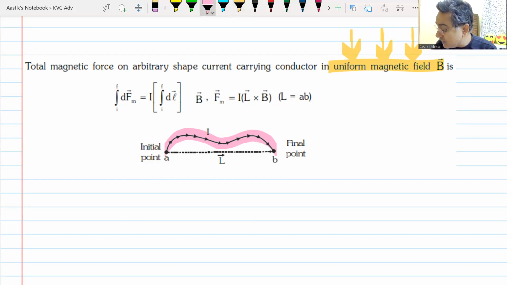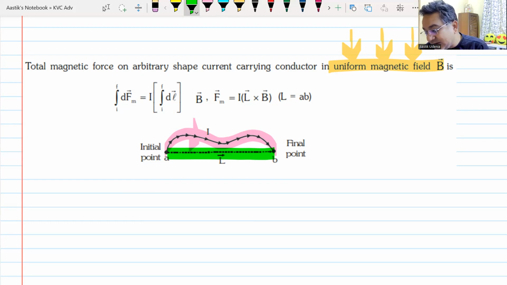what you can do is you can close this loop by drawing a green line. Do we understand this? Yes. Whatever force is acting on the pink line, if you close that loop, the net force acting on the loop will become zero. Yes or no? Yes, sir.